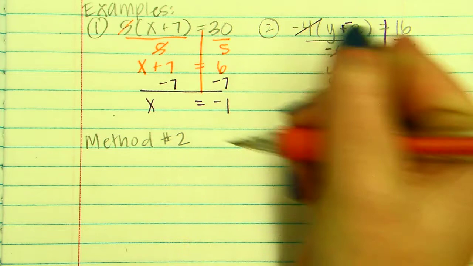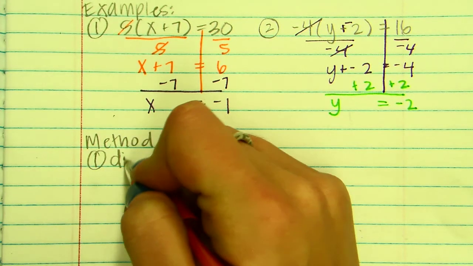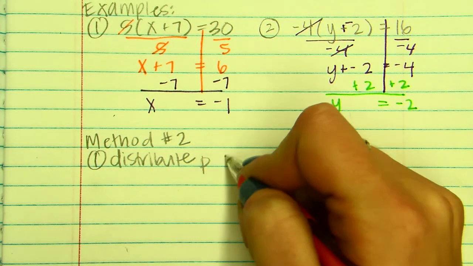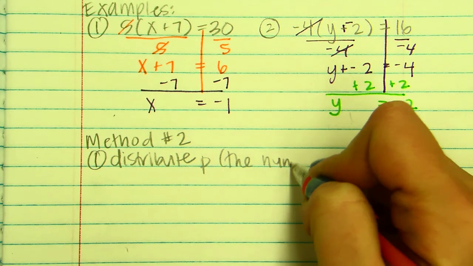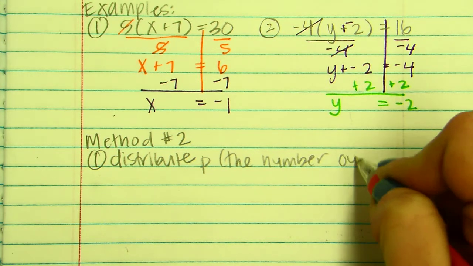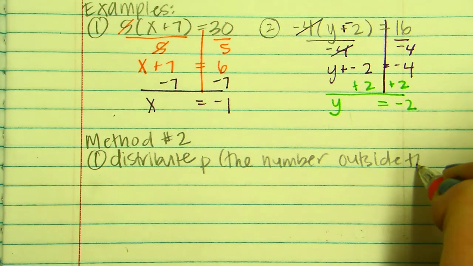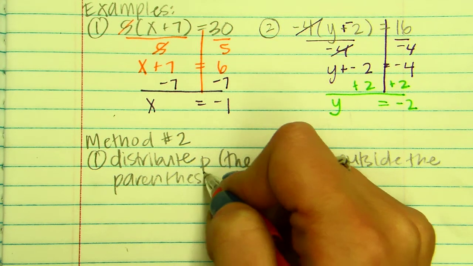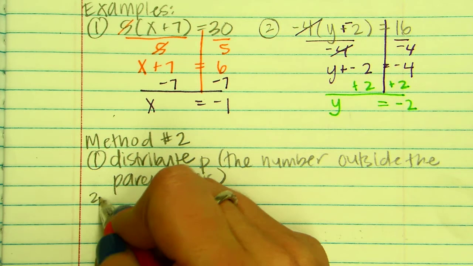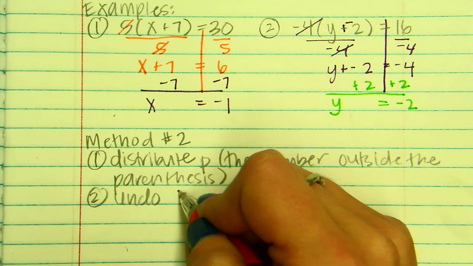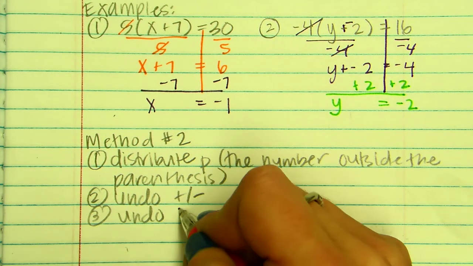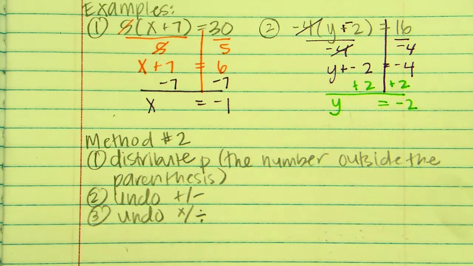The other method would be to distribute p, or the number outside the parentheses, and then second step would be to undo addition and subtraction, and the third step would be to undo multiplication and division.